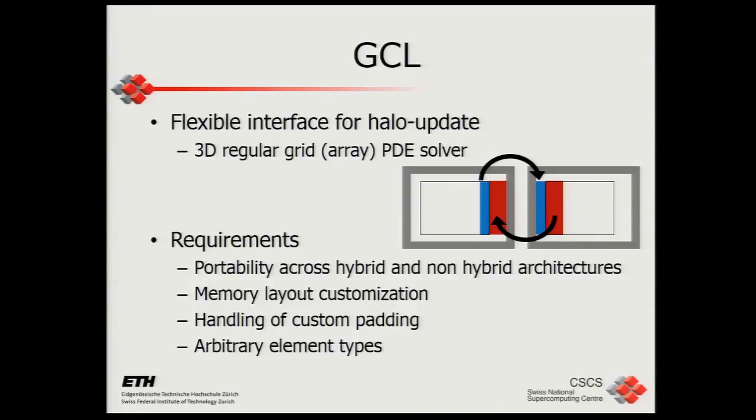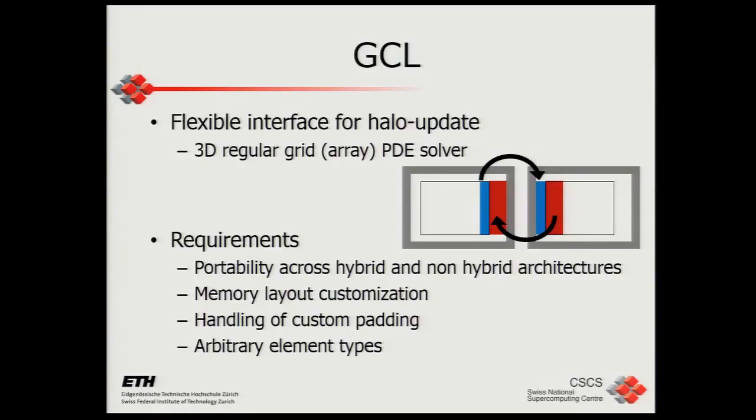In our case, we're working with regular grids, 3D arrays, and we basically need to update the borders of these 3D arrays with neighboring MPI tasks, and this operation is implemented with the GCL.